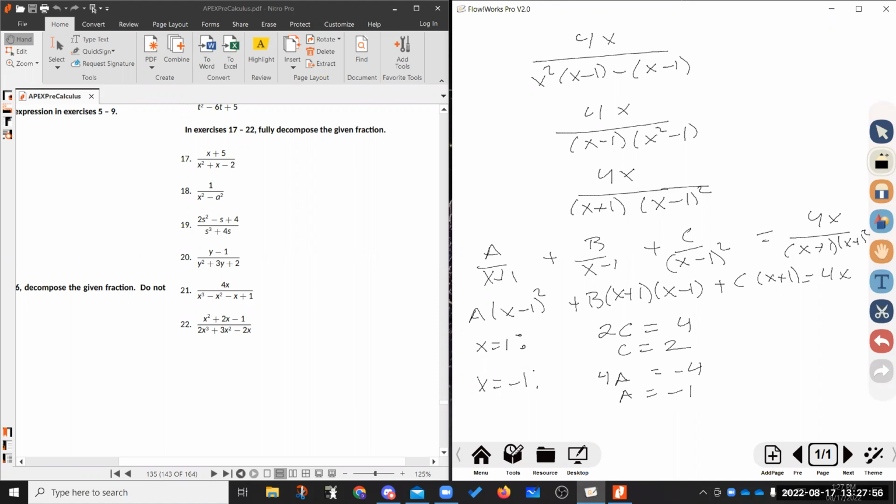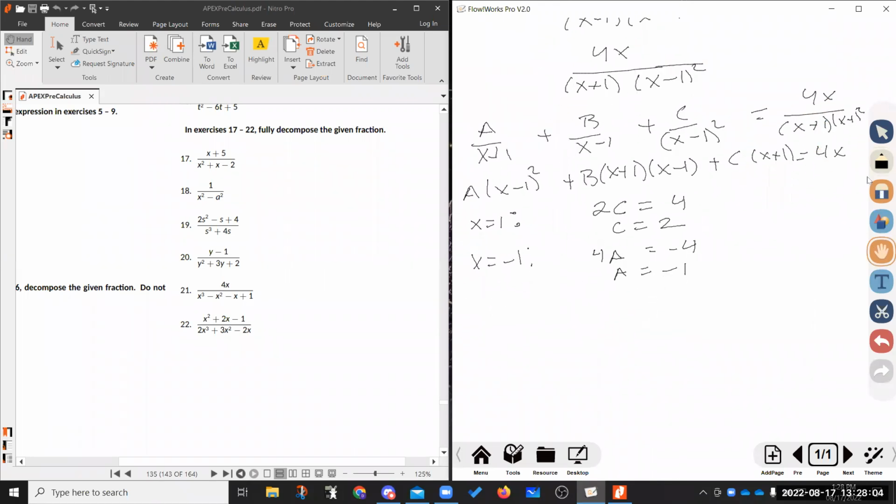Now I'm going to pick a third x value that's kind of random, but nice and easy to work with, like x equals 0. This gives me a minus b plus c equals 0. Well, I know what a and c are. A is -1, c is 2, so that's 1 minus b is equal to 0, so b is equal to 1 if I add b to both sides.